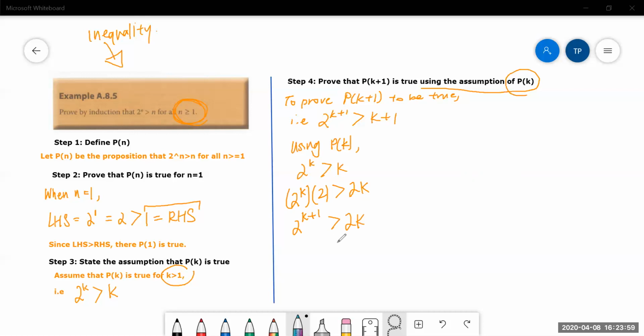Do you agree? Yeah. You multiply both sides by 2.